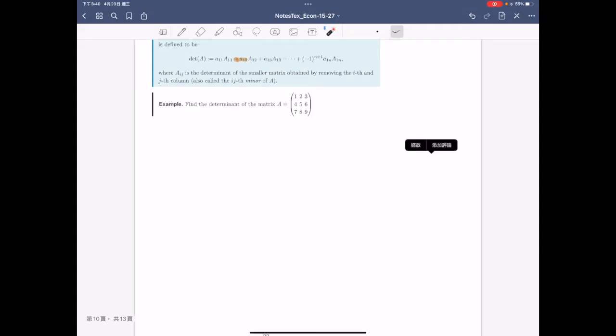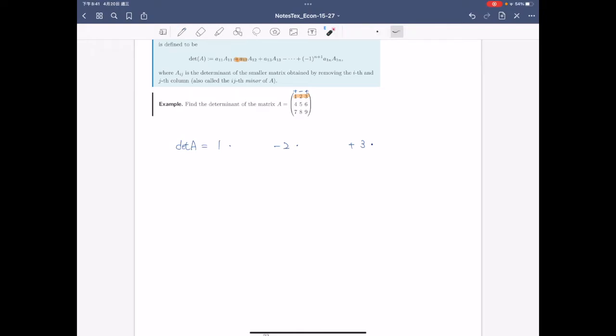So this example. Find the determinant of the matrix 1, 2, 3, 4, 5, 6, 7, 8, 9. What we're going to do is take the first row, and the signs are plus, minus, plus. So I know that the determinant is 1 times something, minus 2 times something, plus 3 times something.